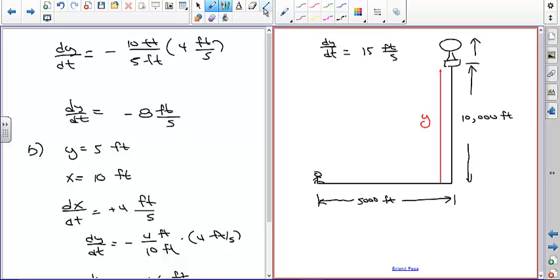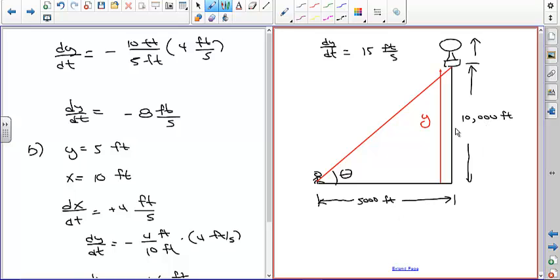Okay, so that's the dy dt. And as I said, you can make this into a right triangle, but you're not going to use the Pythagorean theorem. So here's your right triangle. Because they asked about angle, the angle that they're talking about is this angle. So which trig function, Michaela, am I going to use based on the two sides that I'm interested in?